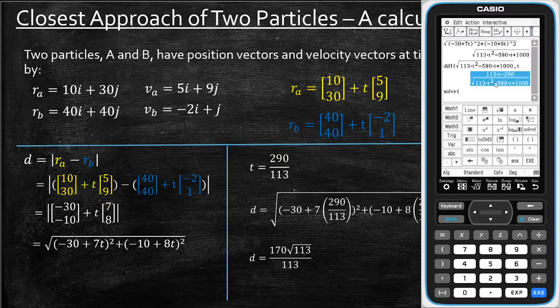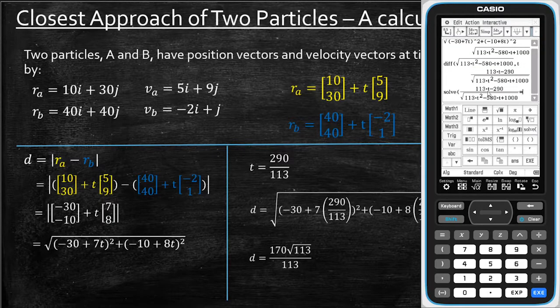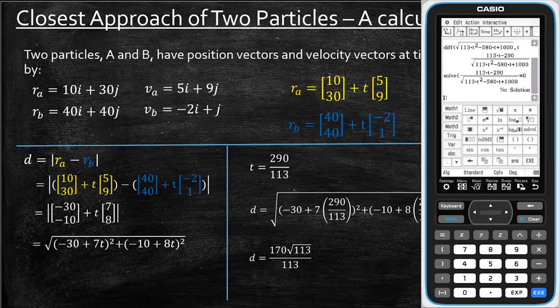Then we want to solve all of this to equal 0, and we need to solve it for time t as well, otherwise it's always looking for the x, and we get t is 290 over 113.